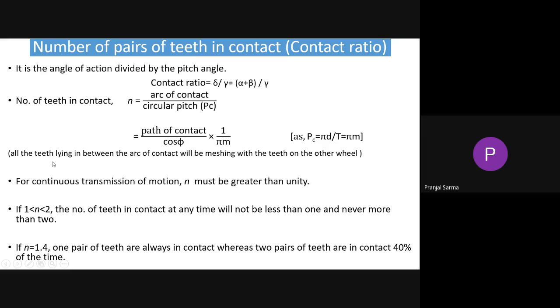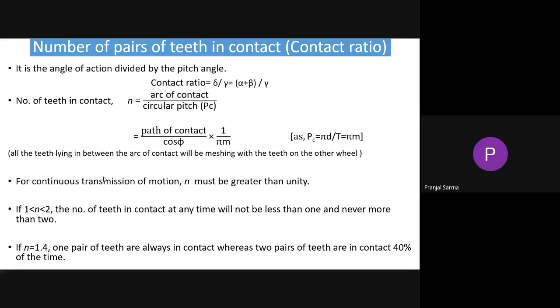Now all the teeth lying in between the arc of contact will be meshing with the teeth of the other gear. Whatever number of teeth come within the range of this arc of contact will be meshed with the teeth from the other side, and the rest will not be in contact.